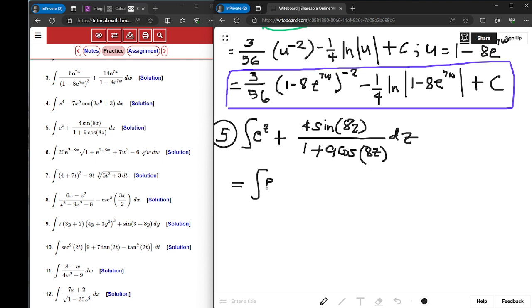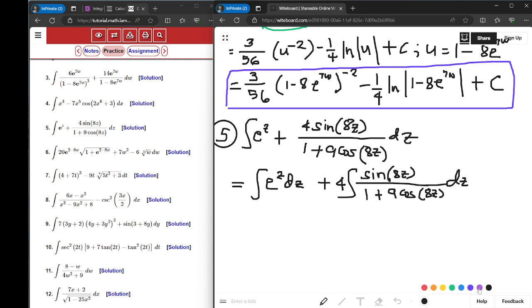This is e to the z dz, plus, so we can move out 4 since that is constant, sine of 8z all over 1 plus 9 cosine of 8z dz.